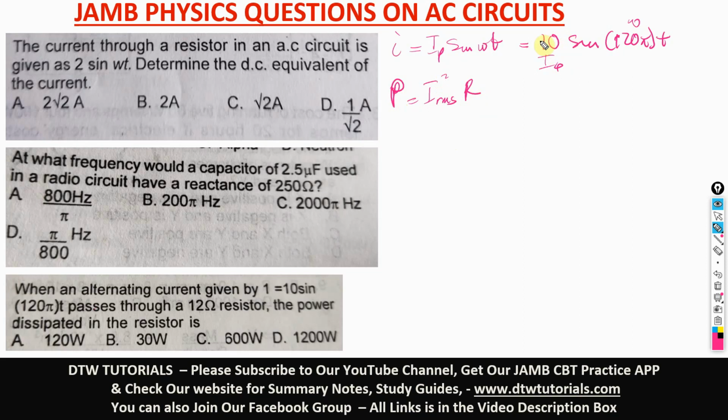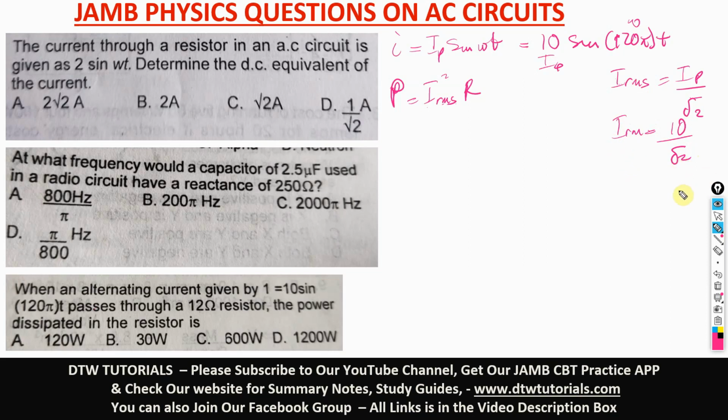So here we are given IP, we have to find IRMS. Remember IRMS, you need to know this formula. Root mean square is equal to IP over what? Root 2. You already know the value for IP, which is 10. So we're looking for our IRMS. So IRMS is equal to 10 over root 2.